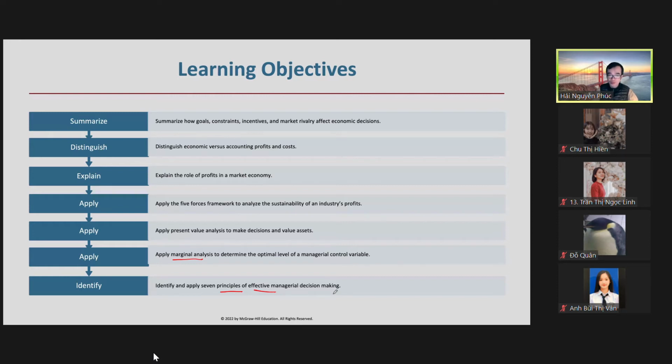We are going to distinguish economic and accounting profit, talk about the role of profit, describe the 5 forces framework, recognize the time value of money, apply measurable analysis, and discuss the principles of making good decisions.